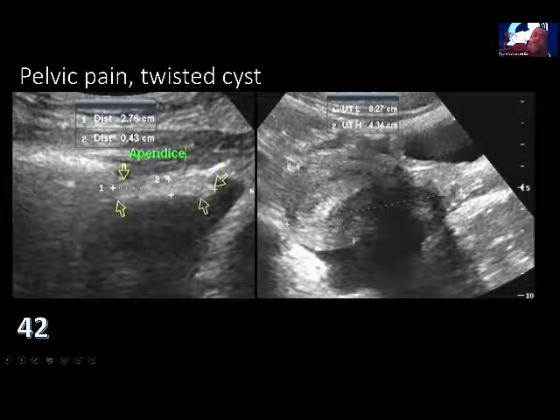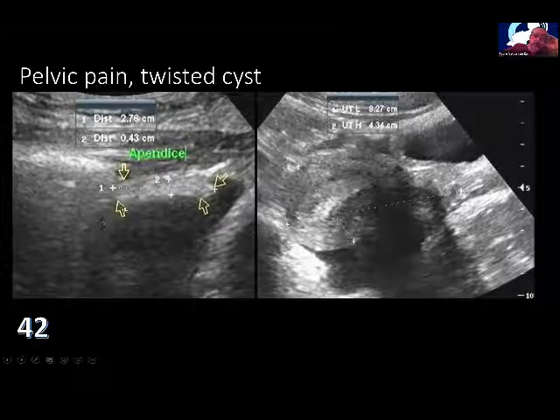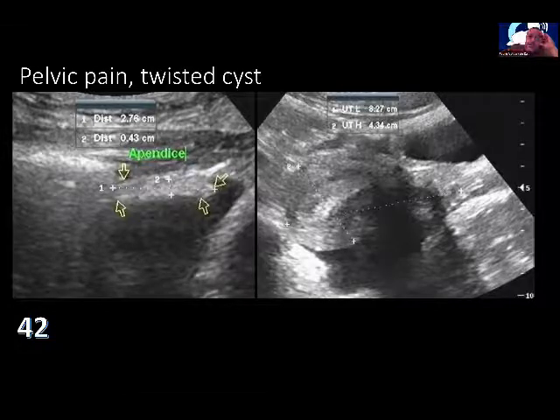So, patient with pelvic pain and abnormal adnexa, if it's on the right side, we sometimes have to rule out appendicitis. Typically, appendicitis is a clinical triad of fever, right lower quadrant abdominal pain, and vomiting, but not always.